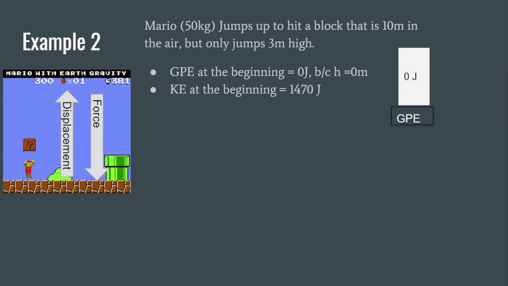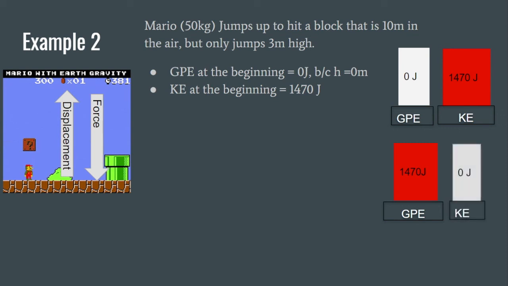So if we draw our energy chart at the beginning, we have 0 joules for gravitational potential energy and 1,470 joules for kinetic energy. We're going to say that the end of our problem is at the apex, right? His maximum height. So our GPE is 1,470 joules. Therefore, all of our kinetic energy got transferred into GPE, which means that now we're left with 0 joules of kinetic energy.